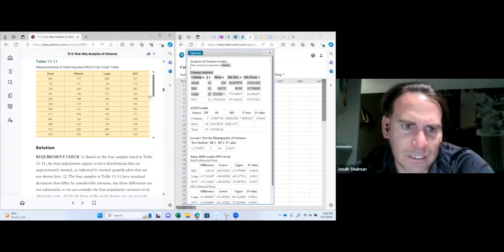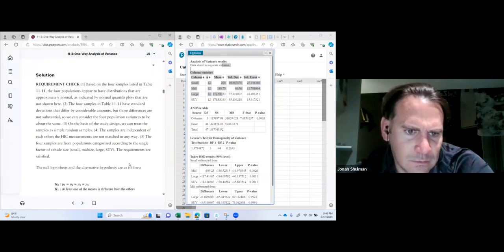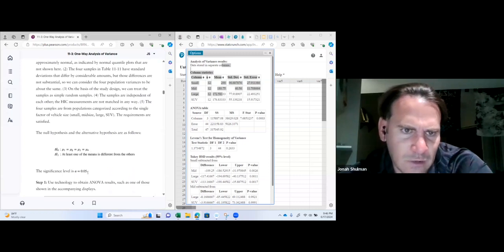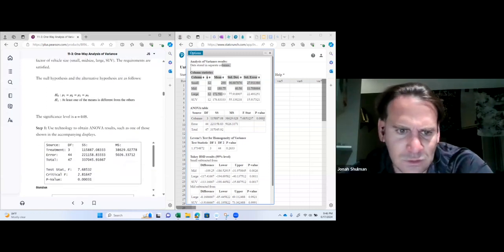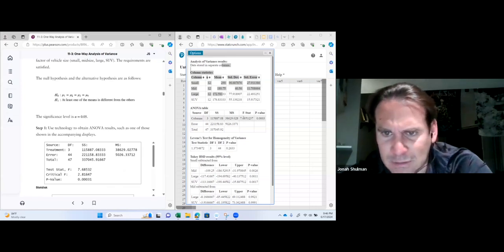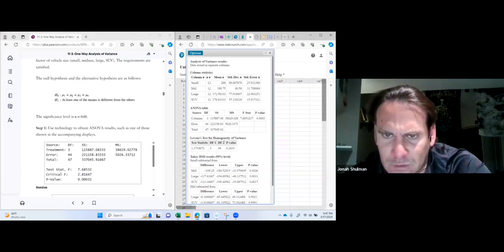Let's make sure we did it right. There's our null hypothesis. Our alpha is 0.05. They got a 0.0003. So did we. Our critical value is 7.68. Our critical F is 2.861. Where's that critical F?